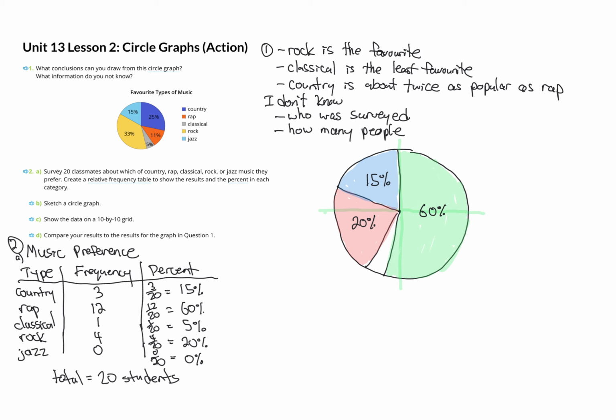That leaves this little wedge. And that little wedge is only 5%. So the last step here is we need to create a legend.